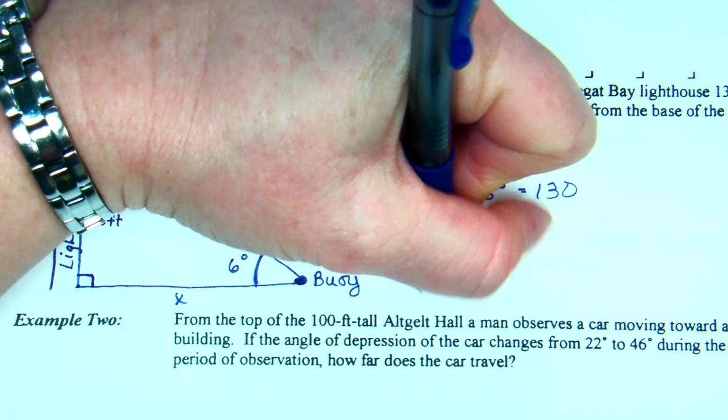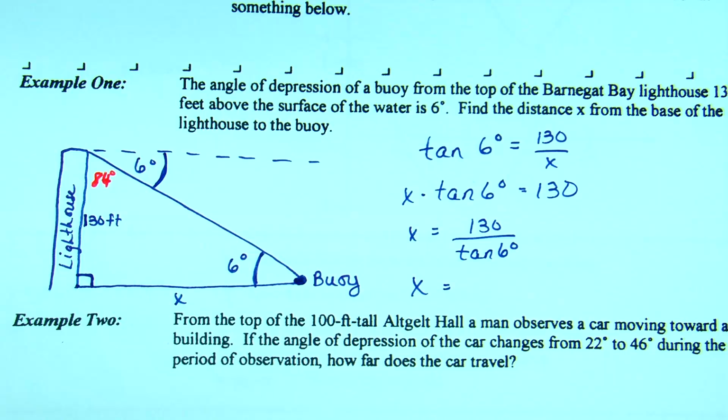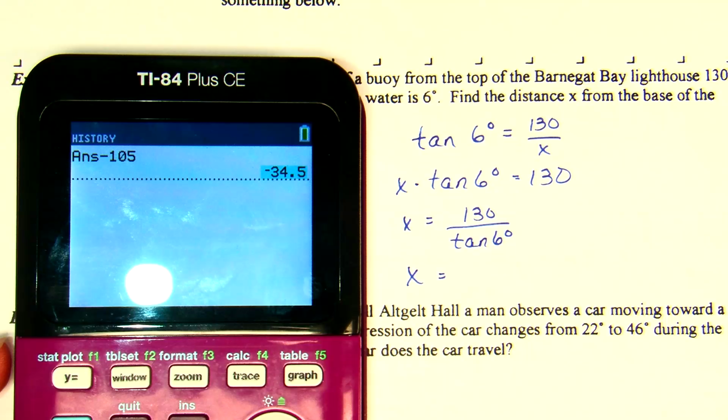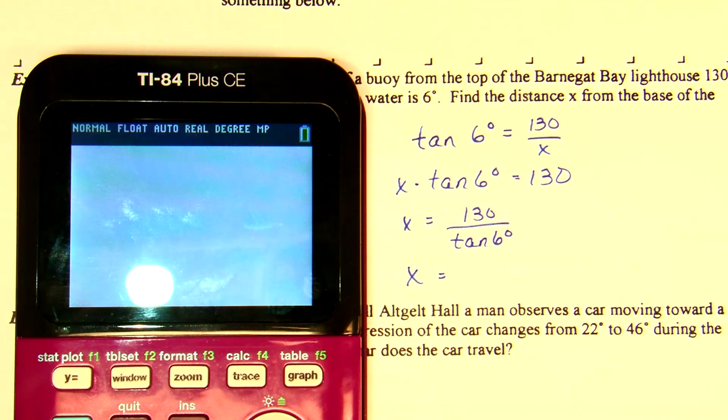Check your calculator usage skills about this point. First of all, I need to make sure that I am in degrees. And I'm there because we just did that degree problem a moment ago. 130 divided by tangent of 6 degrees.